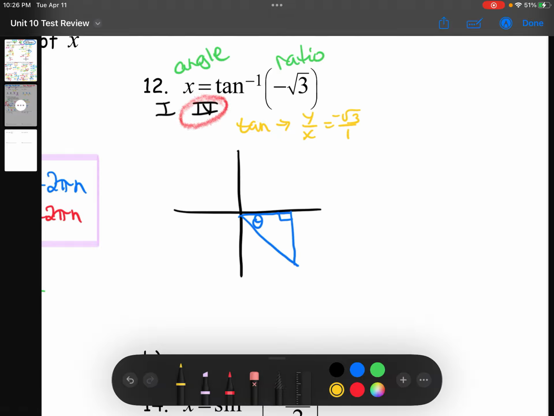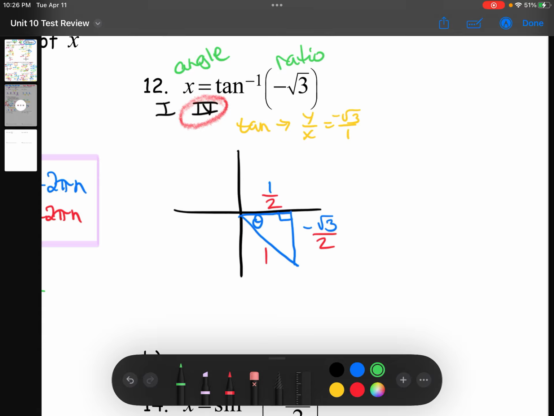So that's negative square root 3 over 1. So the y is negative root 3. The x is 1. If we use those as halves, we have our hypotenuse of 1. Divide both the x and y by 2, and that will give us the ratios with a hypotenuse of 1.